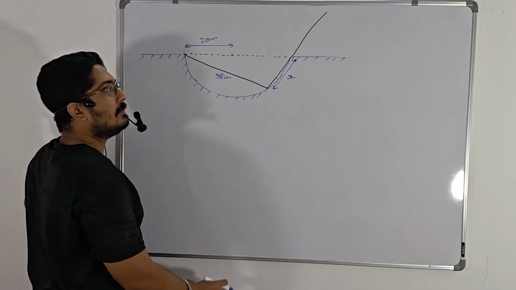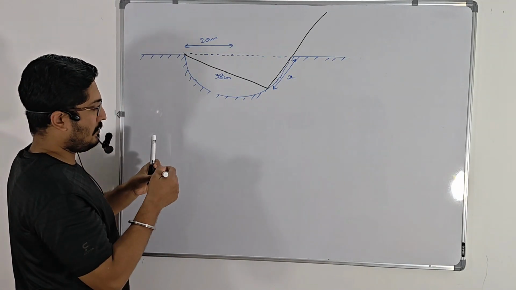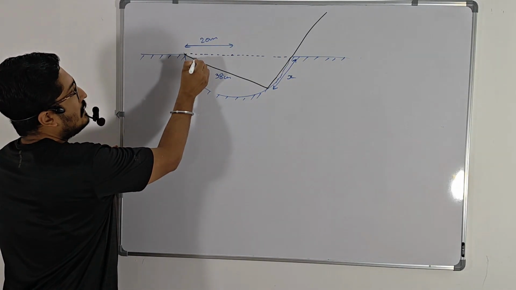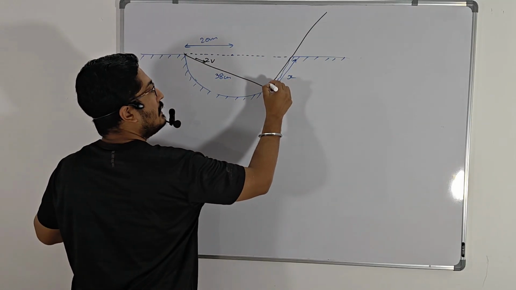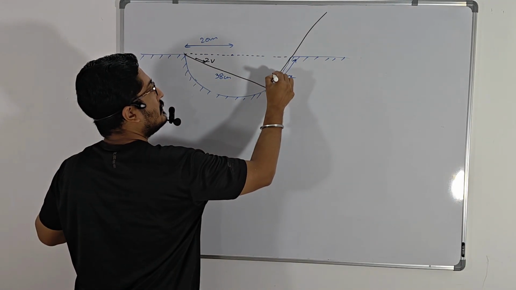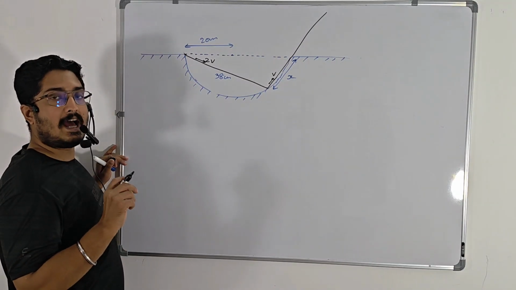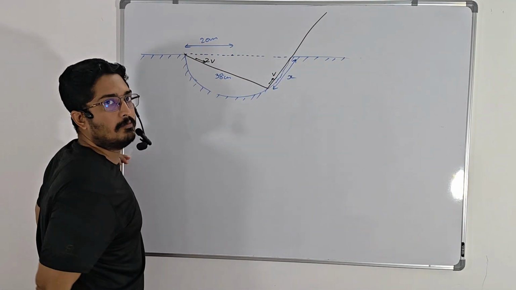This much length I am giving in climbing, because while climbing its velocity is less, and while coming down its velocity is high. So when the insect is coming down from here, it will have a velocity downwards of 2v, and while climbing up it will have a velocity of v. By keeping this arrangement, I have made sure that the ant travels most of its distance down and a very small distance upwards.